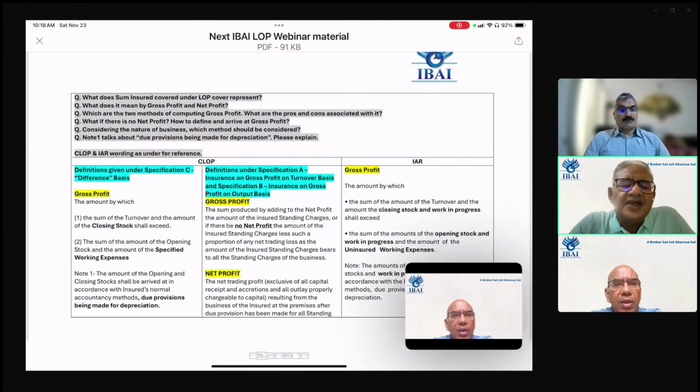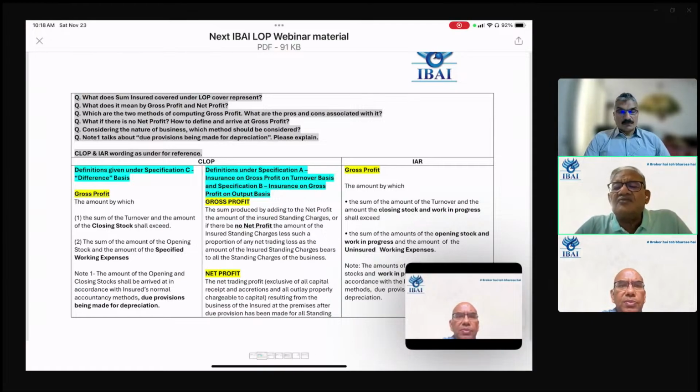Just hold on, Ashok ji. For the audience, we had put two clauses of definitions, one on difference basis and one on output basis. That is specification number A and specification number C, which have been copied from the consequential loss tariff, the erstwhile tariff.